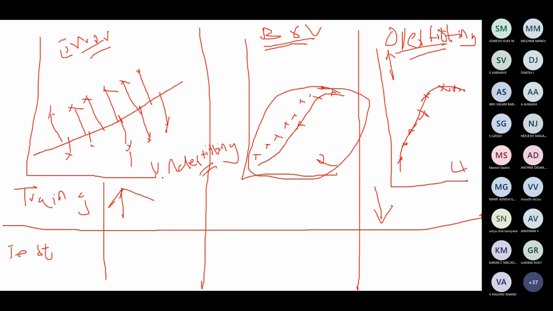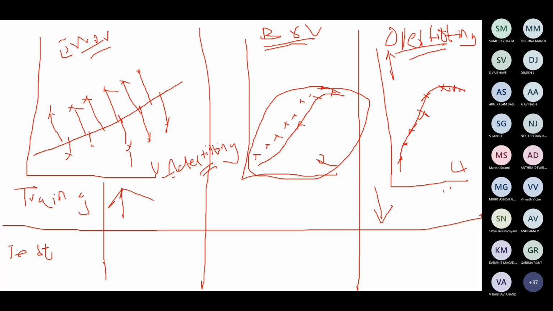This is underfitting and this is overfitting. So we go for a model which is very close, where the errors are also few and it does not overfit the line. I will tell you why.